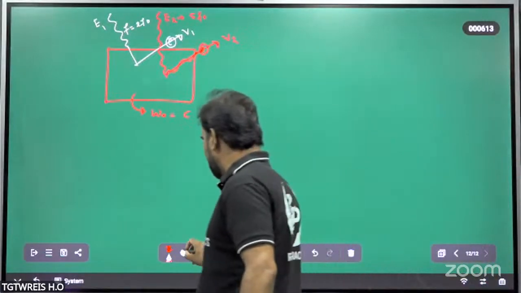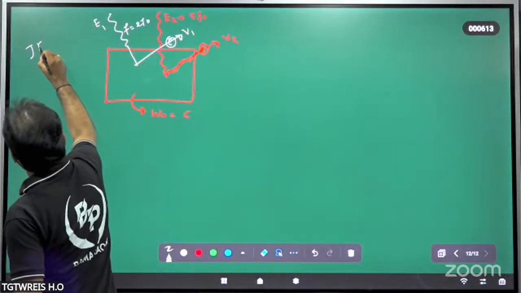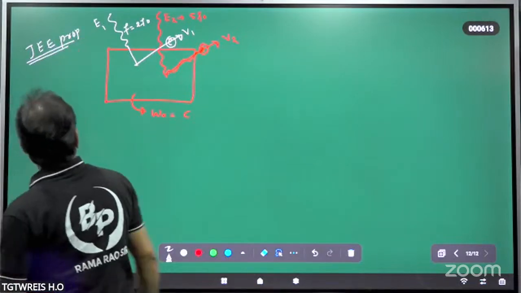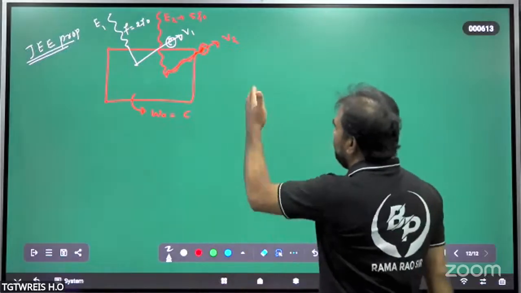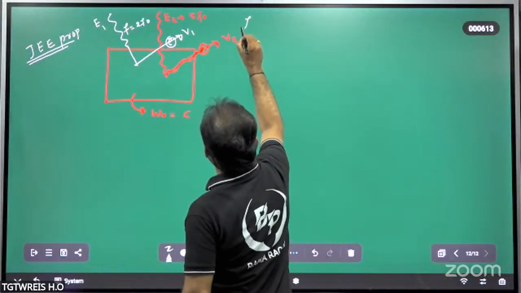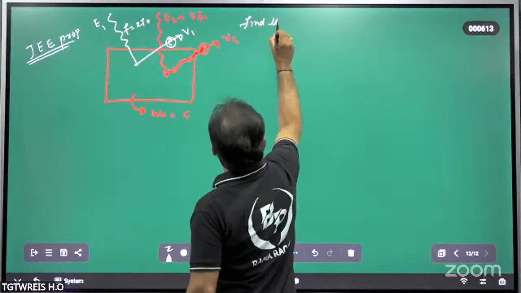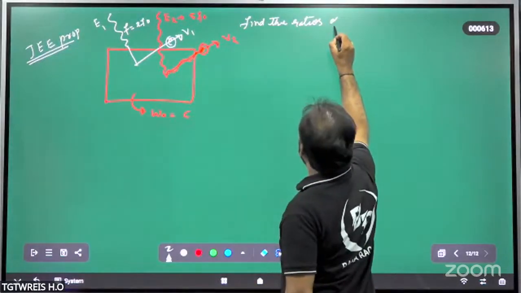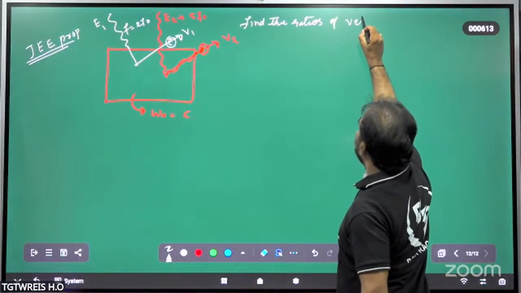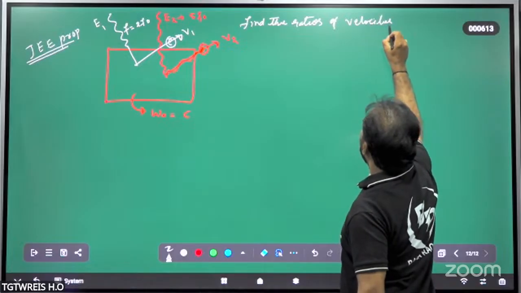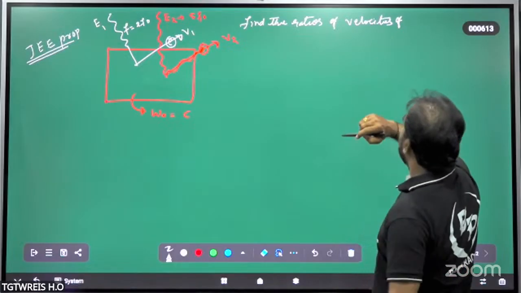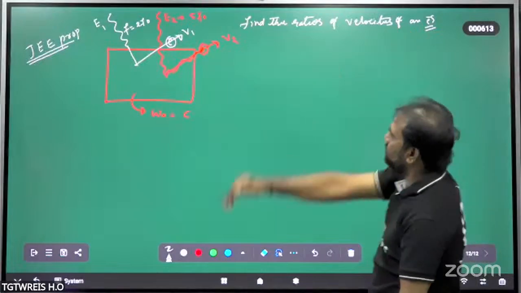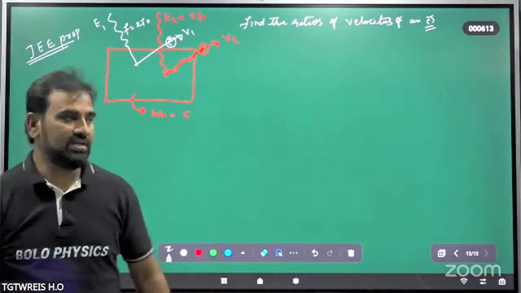This is a JEE Mains problem here. Find the ratio of velocities of an electron in the two cases.